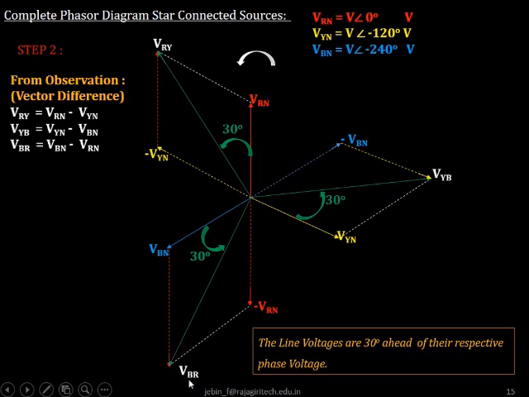So our VRB is 30 degrees ahead of VBN, and again the line voltage VYB is 30 degrees ahead of VYN. Remember, all these phasors are rotated in the anti-clockwise direction with an angular speed of omega.